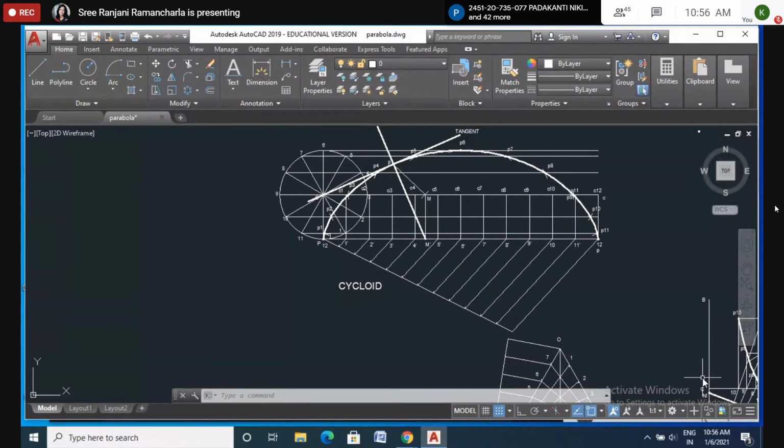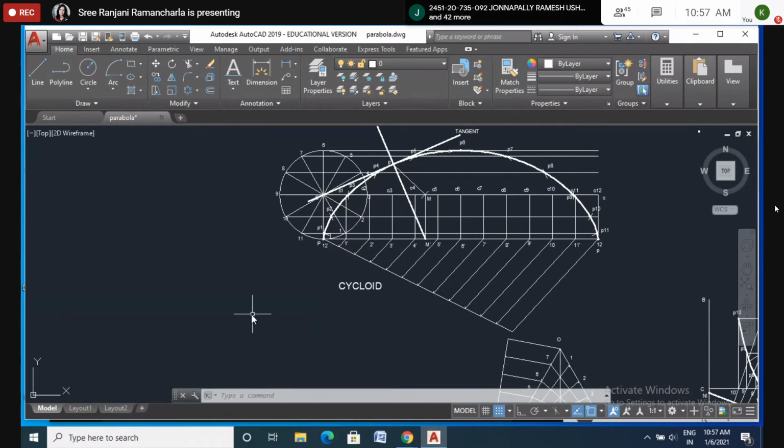The curve generated by a point on the circumference of a circle, which rolls without slipping along another circle outside it, is called an epicycloid. Okay.